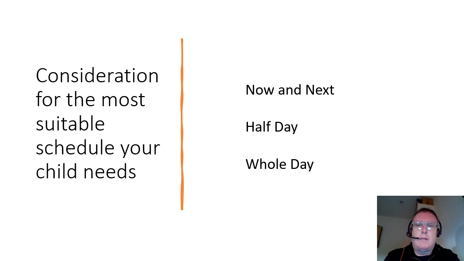Some children are more readily able to cope with larger amounts of information, and that might mean you will give them a visual schedule till lunchtime or from lunchtime till home time, or there'll be those children who can actually cope with and process the whole day on a larger strict timetable. Again, know the child that you're putting these in place for the best effect.